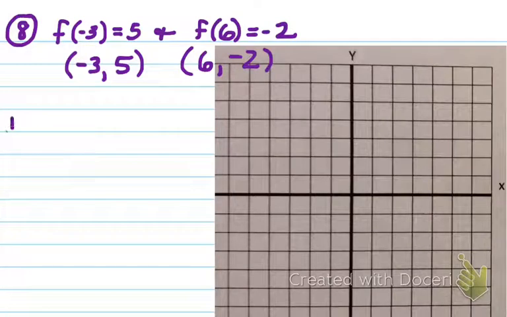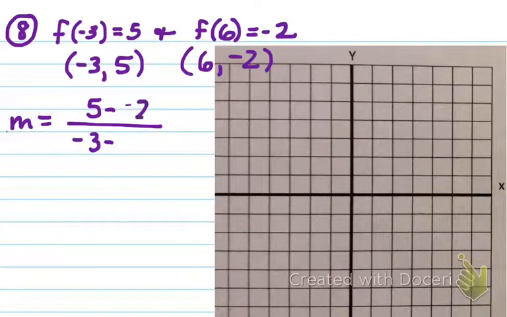So, of course, no matter how we write the equation, we're going to need our slope. So we put the 5 here, the negative 3 here, minus in the top and the bottom, and then a negative 2 in the top, and a positive 6 in the bottom. And so the minus negative at the top makes that positive 7, and the denominator is negative 9.